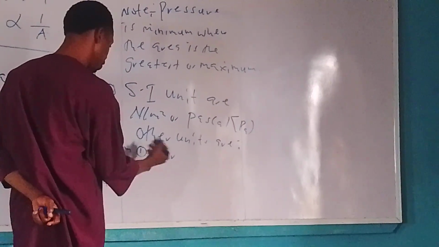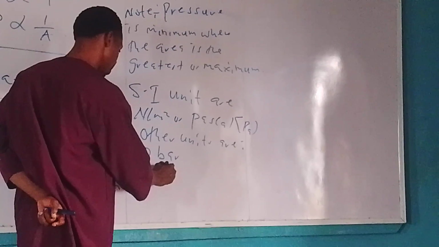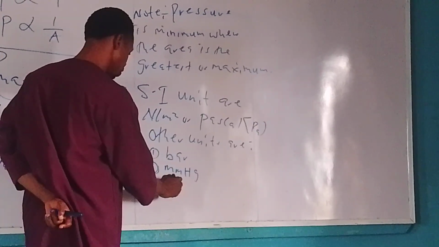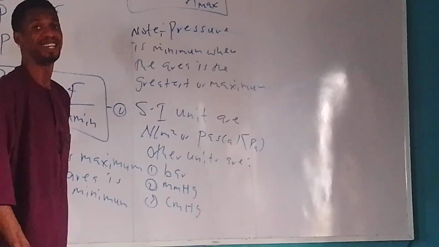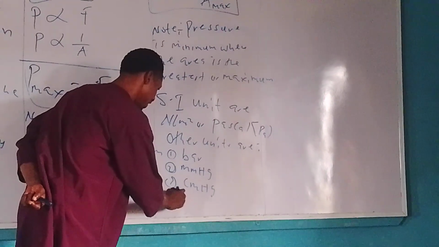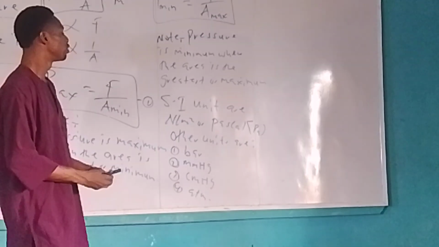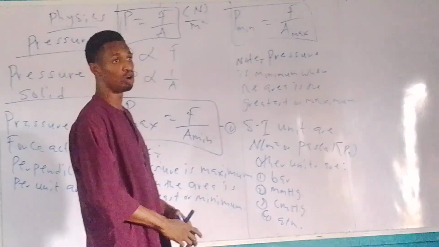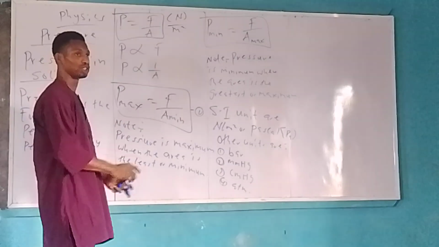Number 2, you can use millimeter of mercury, or centimeter of mercury, which is used for atmospheric pressure. These are some other units for pressure.